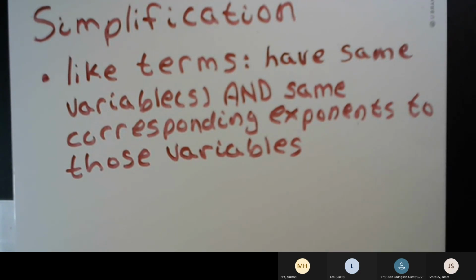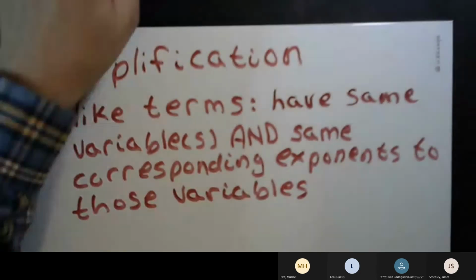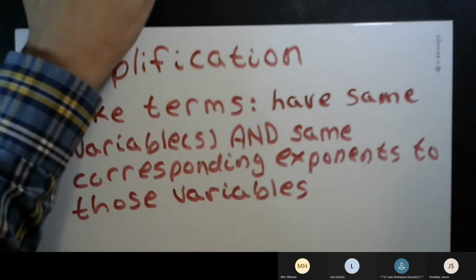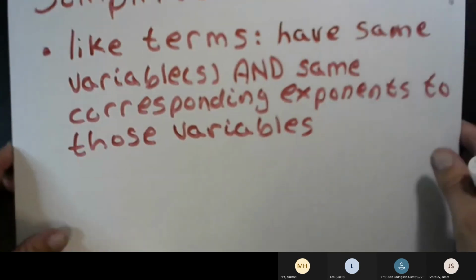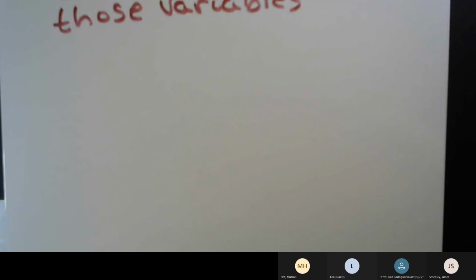So let me give you an idea of what this looks like. Like terms have the same variables and the same corresponding exponents to those variables. Better give some examples. So let's review terms. We'll take a look at terms again. I mean, this is a new thing, so this is all going to be still kind of strange.